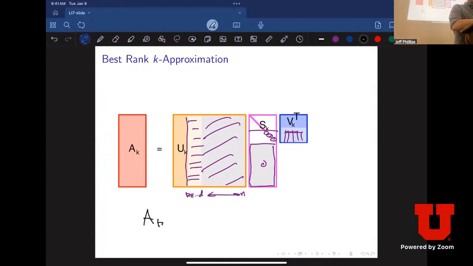If I call it A_k, what I'm implying here is U_k, S_k, V_k transpose, which I can write as the sum from j equals 1 up to k of u_j, which is a vector, times sigma_j, which is the singular value, times v_j transpose.